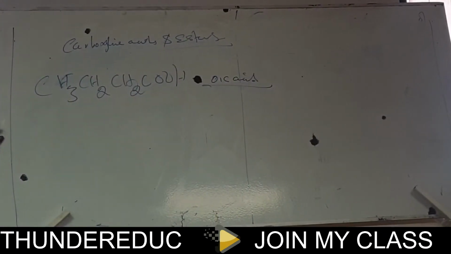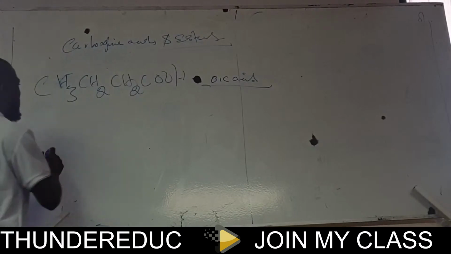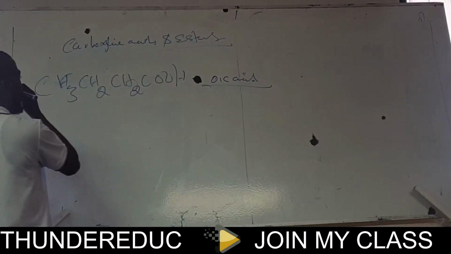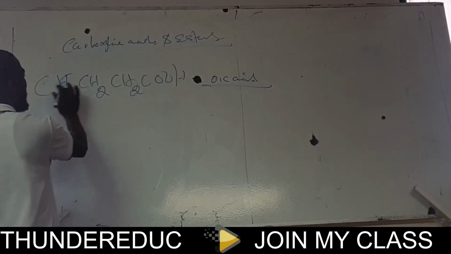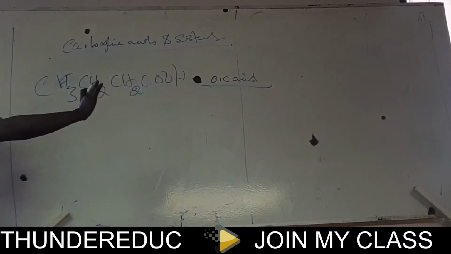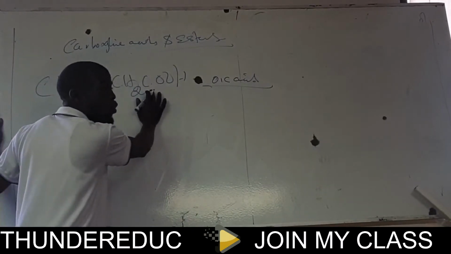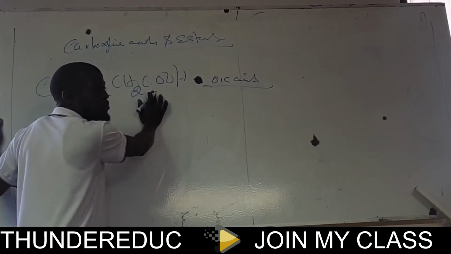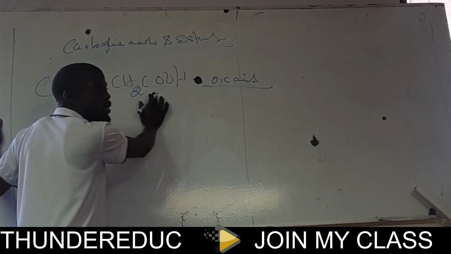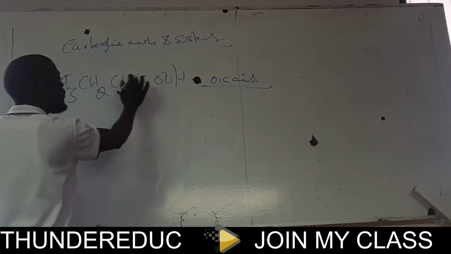It ends with what? -oic acid. Now, let's say 1, 2, 3, 4. This one does not have a position. Is it clear? It doesn't have a position. So it's 1, 2, 3, 4.